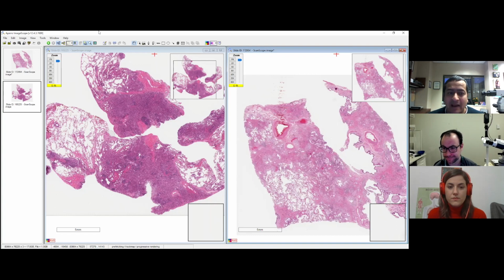So it's really a bad entity. On the other hand, organizing pneumonia, of course, it depends on the context, but many cases of organizing pneumonia are steroid responsive and potentially reversible. And so it's like the polar opposite of UIP. So it's very important to be able to tell these two things apart.